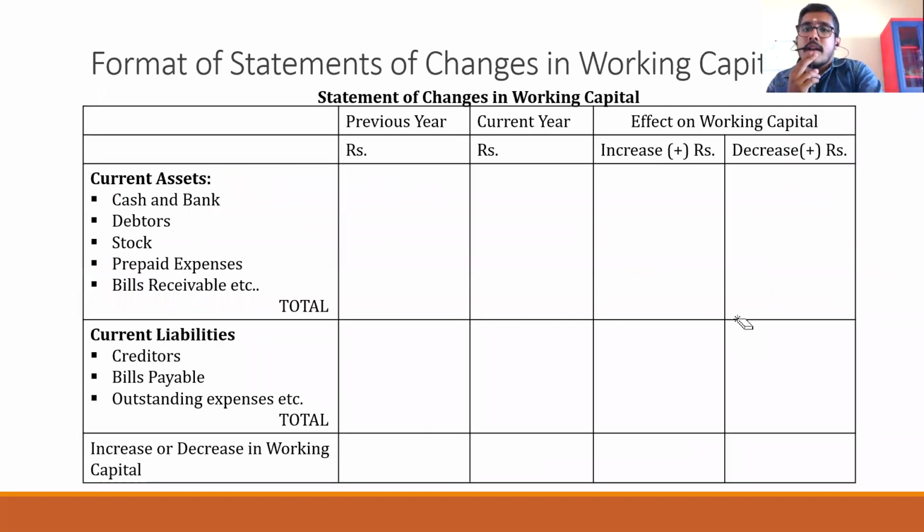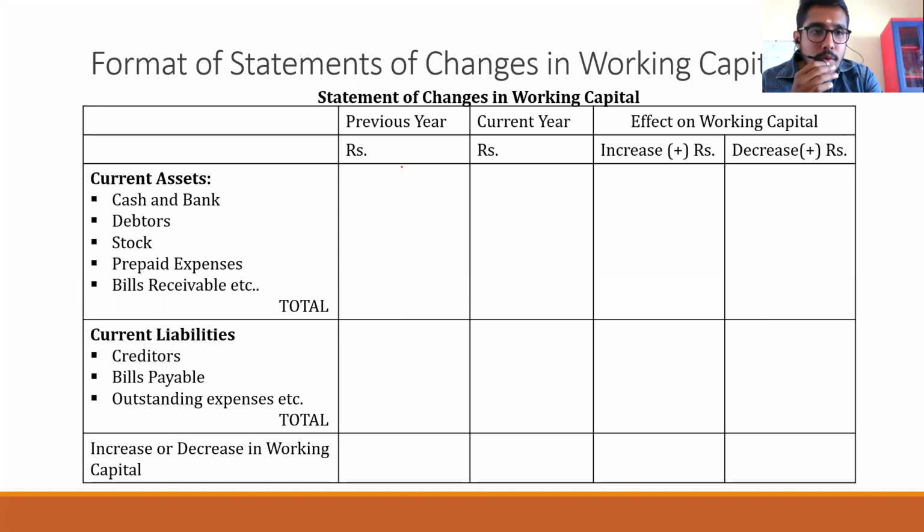We were talking about the statement of changes in working capital. We are trying to figure out whether our working capital increased or decreased after one year. This is the format. We have to list down the current assets and current liabilities, with 4 columns like in the comparative balance sheet, previous year and current year.